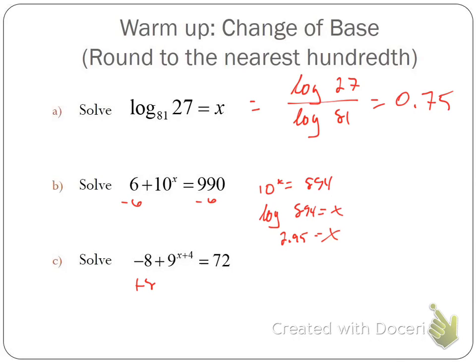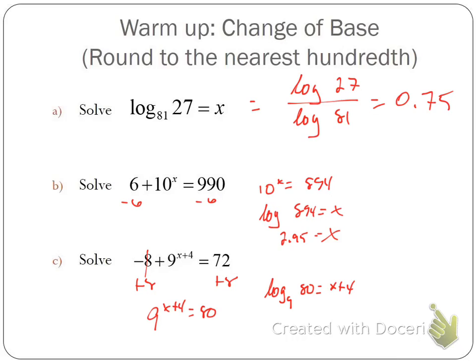Same thing for the last one, add 8, get 9 to the x plus 4 equals 80. I cannot create the same exponent base on the right side, so switch it. Log base 9 of 80 equals x plus 4. So we need to evaluate that logarithm and then subtract 4 to solve for x.